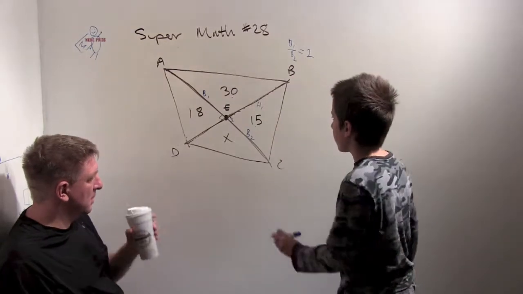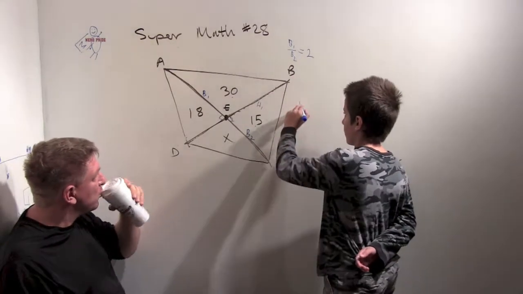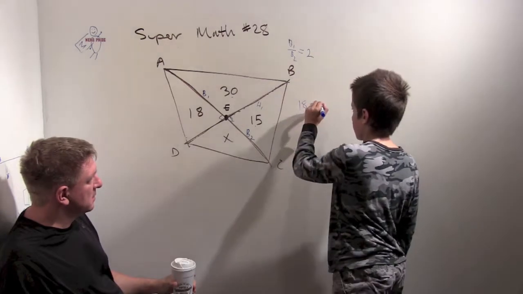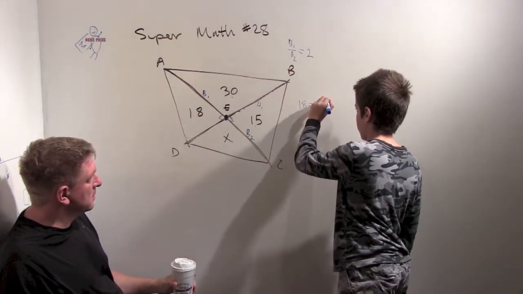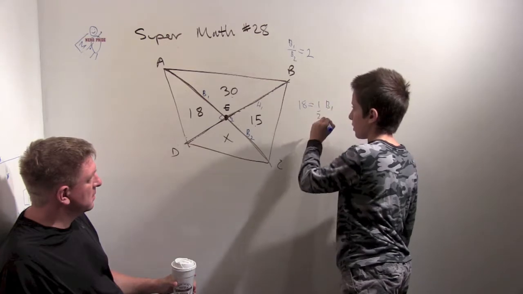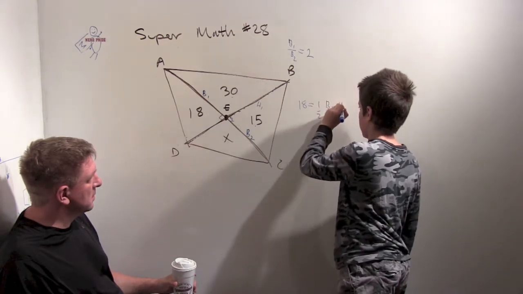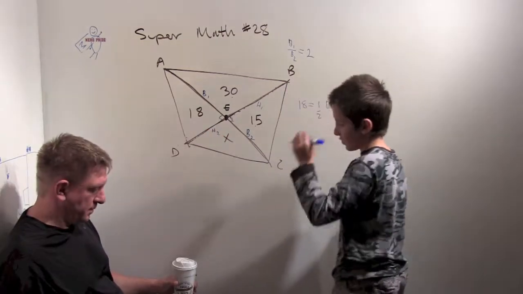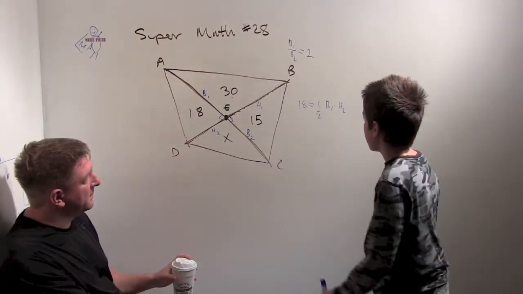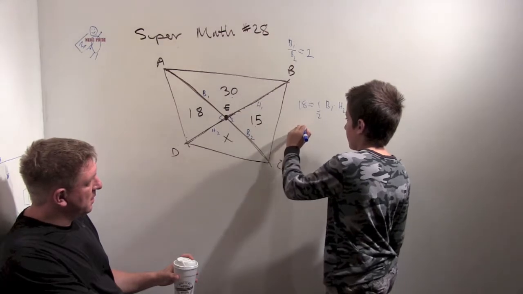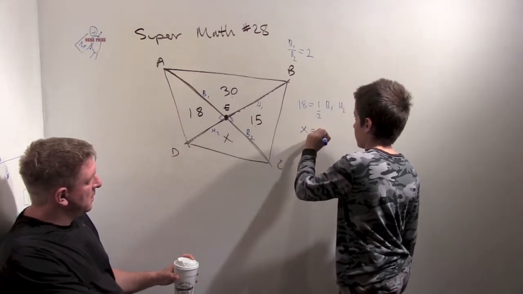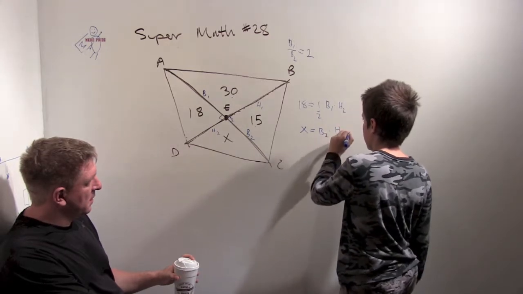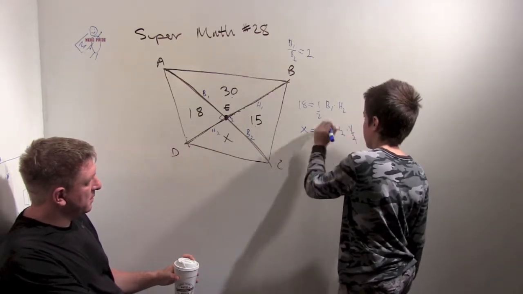Okay. So 18 is 1/2 b1 times height 2. This is height 2, since we're using a different height. Yep. x is b2 times height 2 times 1/2.